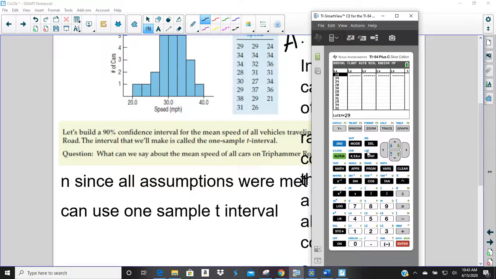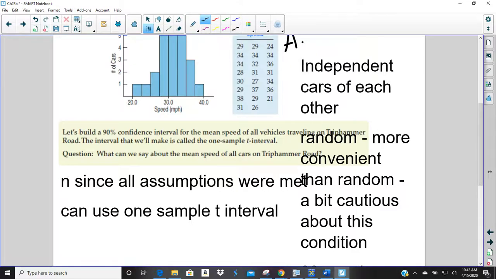And then to see the mean of the data and the standard deviation of the data, I'm going to go to stat, calc, 1 var stat. I'm doing list 1 and I'm going to calculate, and I can see that my x bar is 31. So my x bar, this is what I would write. I would write this stuff down.